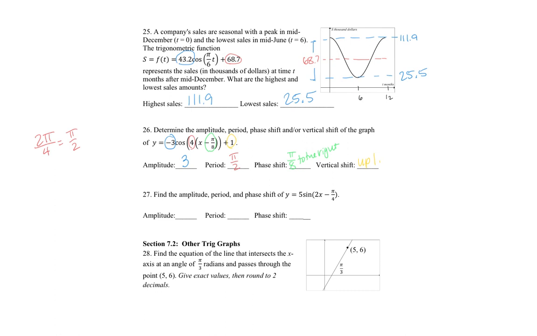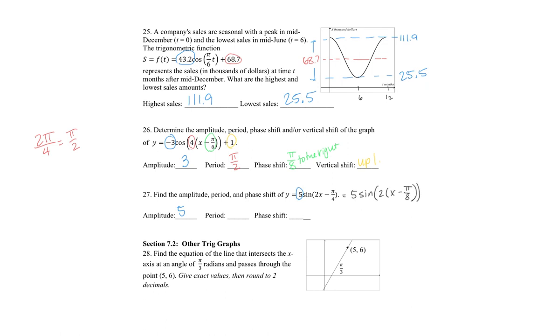Find the amplitude, period, and phase shift of this one here. So it's going to be similar. The amplitude is 5. The period, well, this one is not quite the same because I don't have it factored out. So this is going to be equal to 5 sine, and I want to factor out the 2. So I'll have 2 times x minus, and when I do pi over 4 divided by 2, I'll get pi over 8.